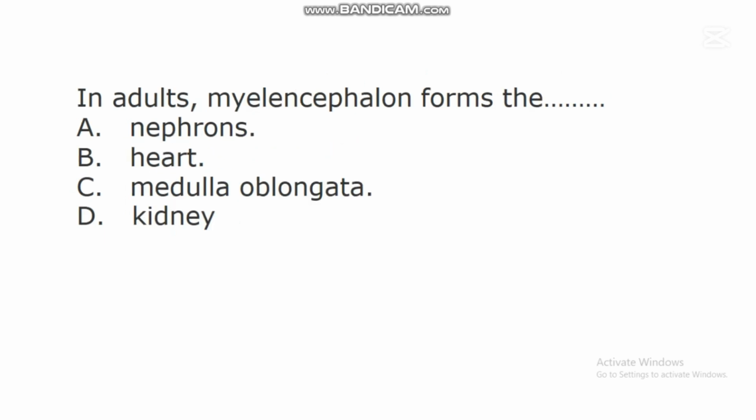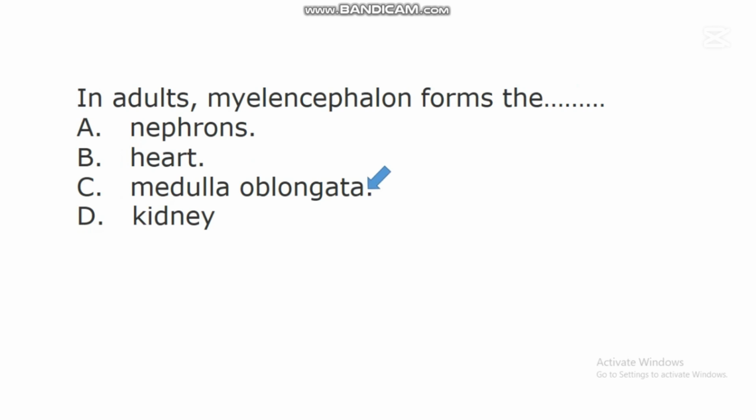The next question says, in adults, melencephalon forms the dash. A. Nephrons. B. Heart. C. Medulla oblongata. D. Kidney. In this question, the correct answer is C. Medulla oblongata.